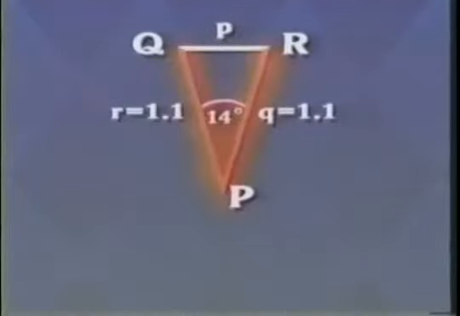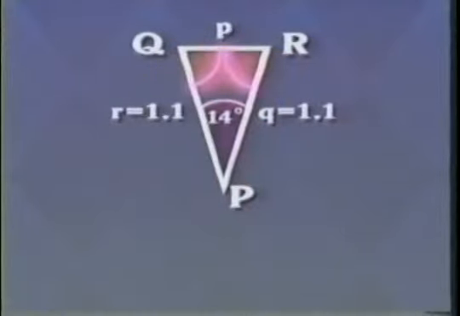But PQR is a special triangle. With its two equal sides, we can take a slightly different approach. Isosceles triangles have equal angles opposite the equal sides. So these two angles can be found, and they're 83 degrees each.